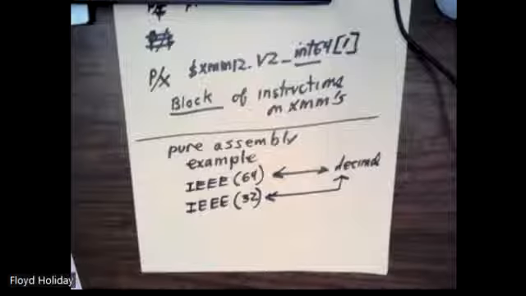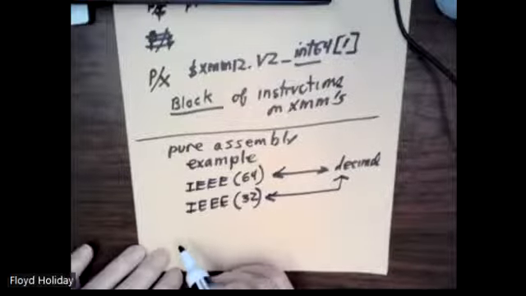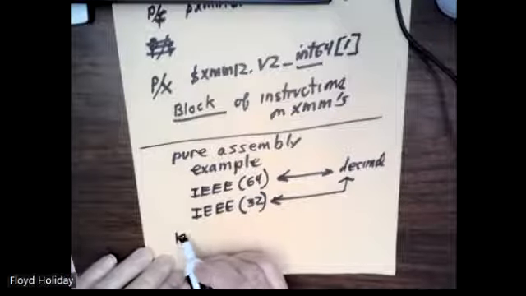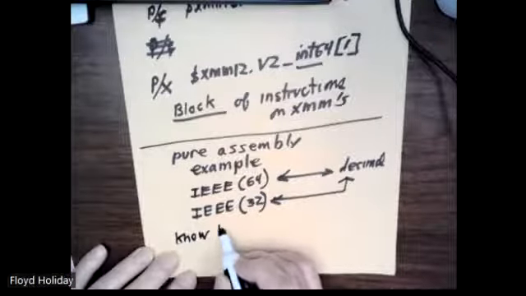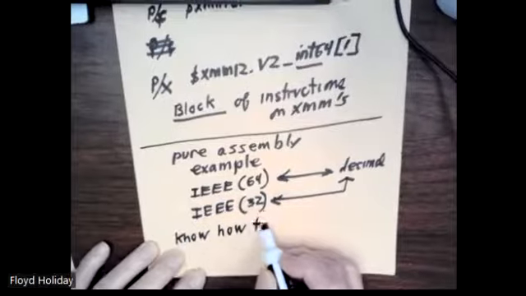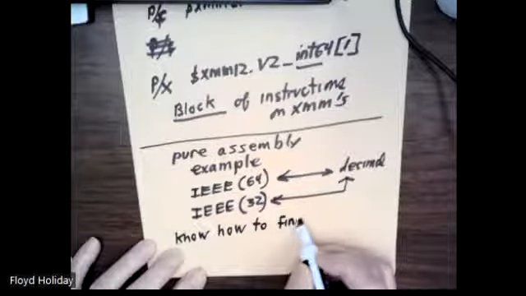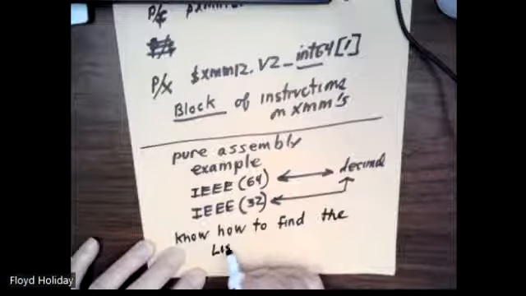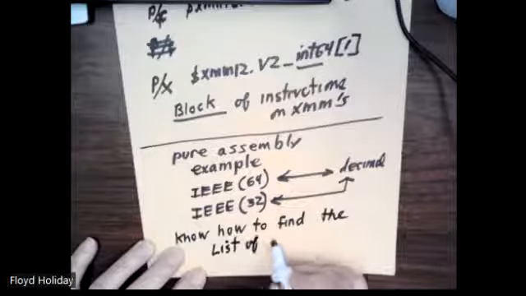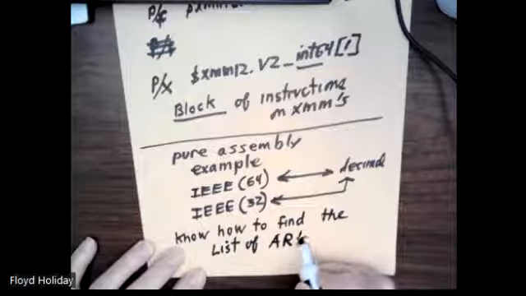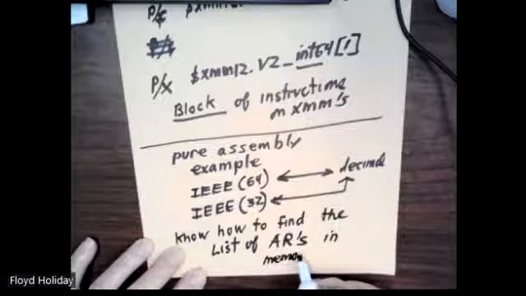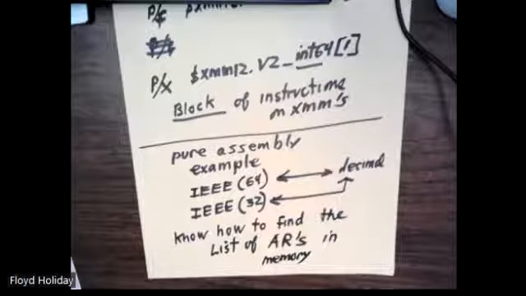Activation records. Know how to find the linked list, how to find the list of ARs in memory. And well, I'm almost done with this list.